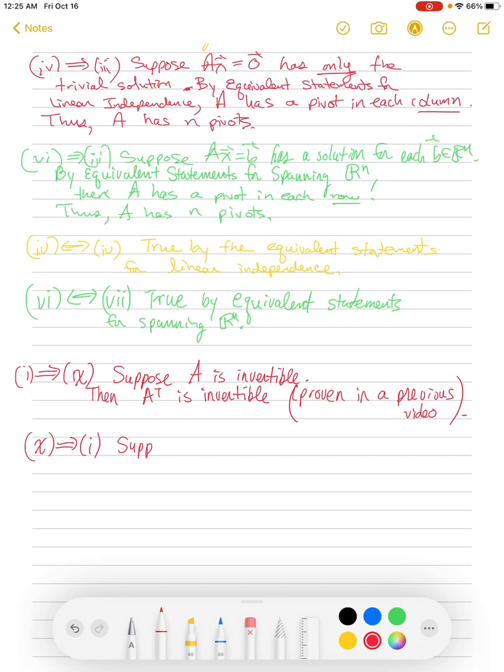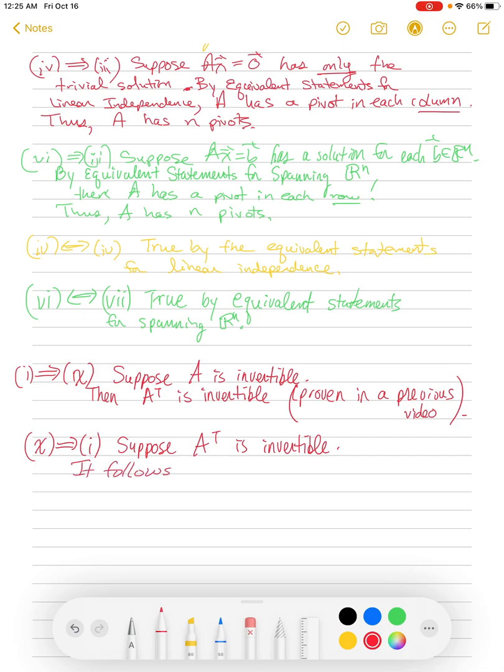Now we have to start with A transpose invertible and prove A is invertible. So let's suppose A transpose is invertible. Well, by using that result, if A is invertible, then A transpose is invertible, we can transpose A transpose.